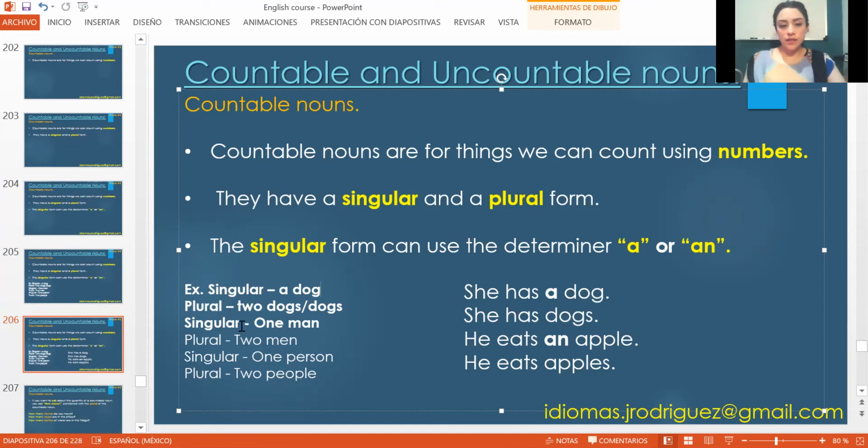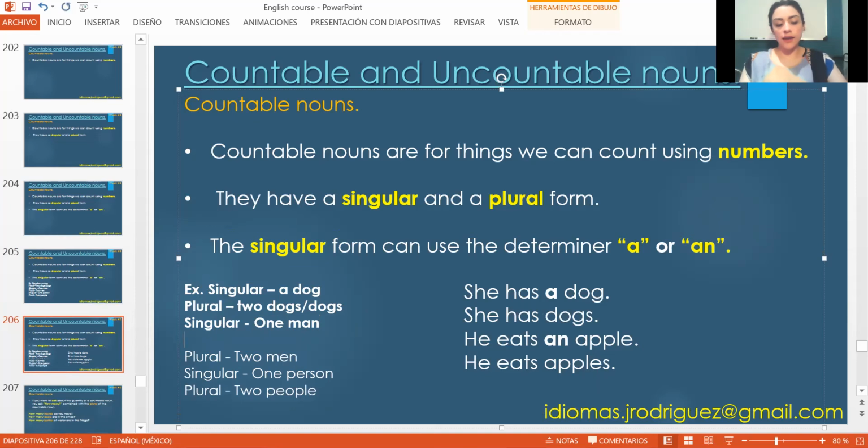Okay, aquí utilicé los números para que lo vean más claro, ¿no? One man, two men. One person, two people. But I can say a man or a person.